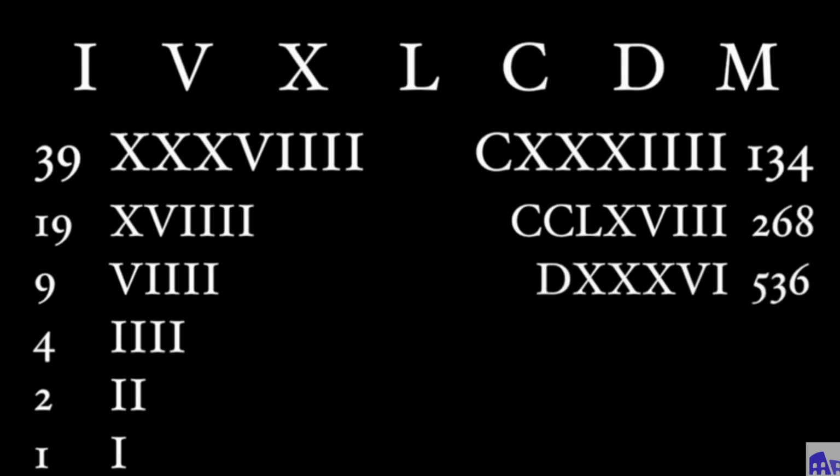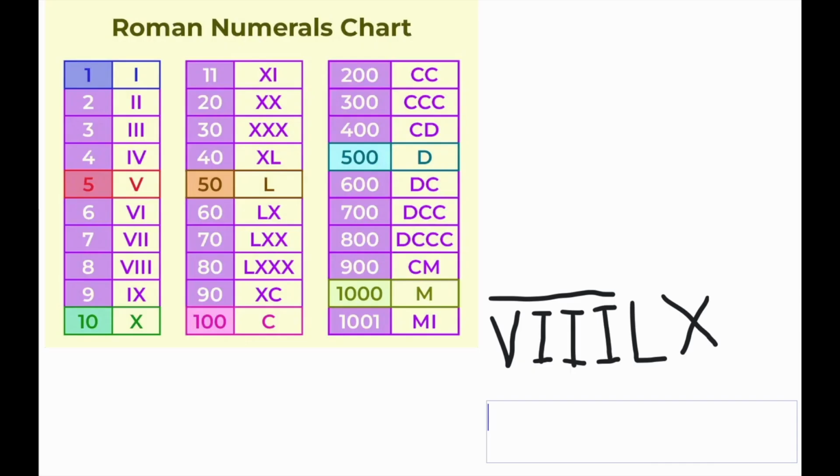No. Larger numerals were written by placing a bar over the symbols. For example, VIII with a line over it, LX equals 8,000 plus, okay, let's look at the chart. L, what's L? 50.